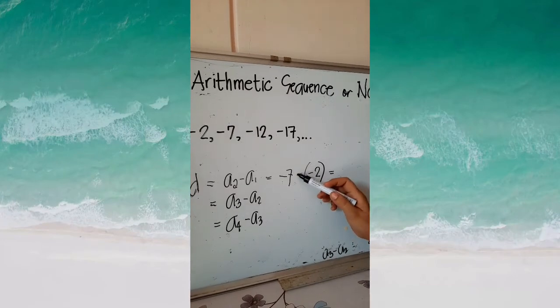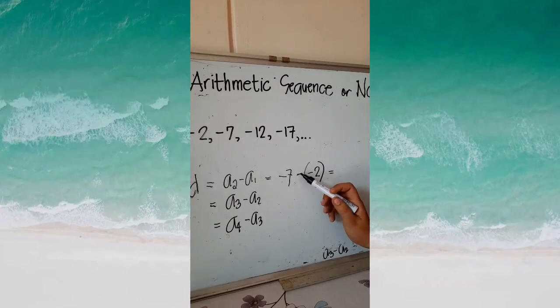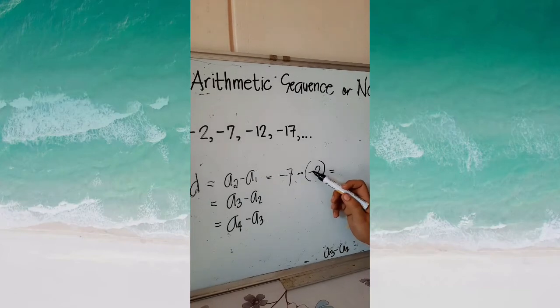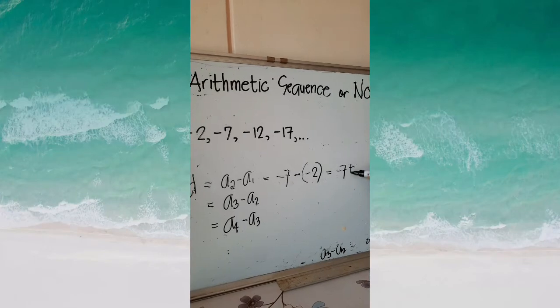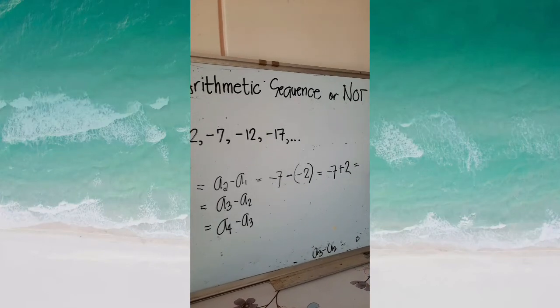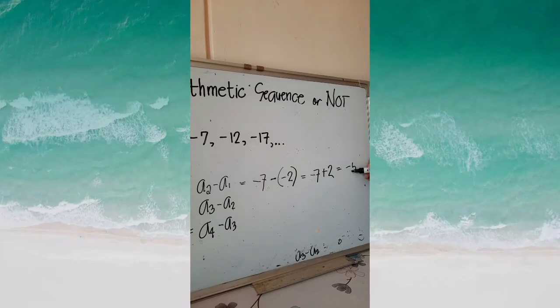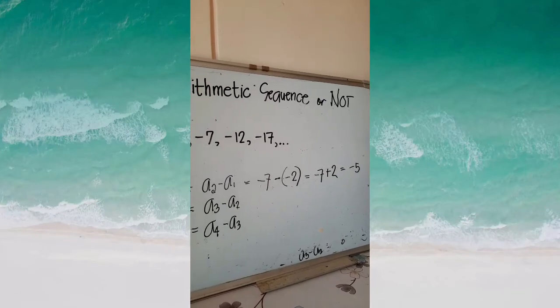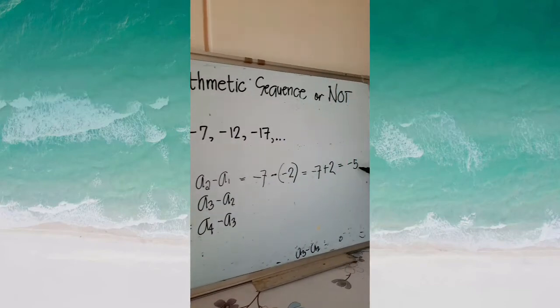Applying the rule for subtraction, we change the sign of the subtrahend and proceed to the rule of addition. So that will become -7 plus 2. We get our answer, which is -5. So the difference for second term minus first term is -5.